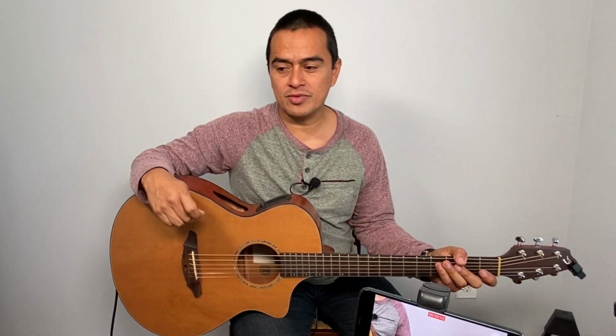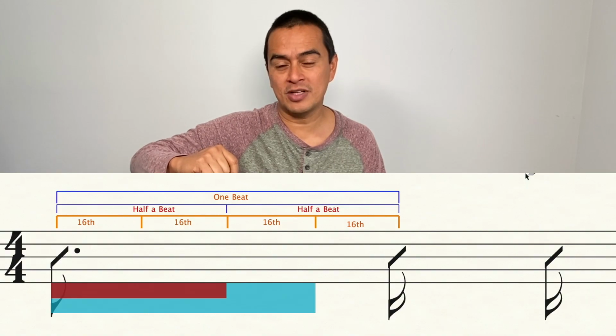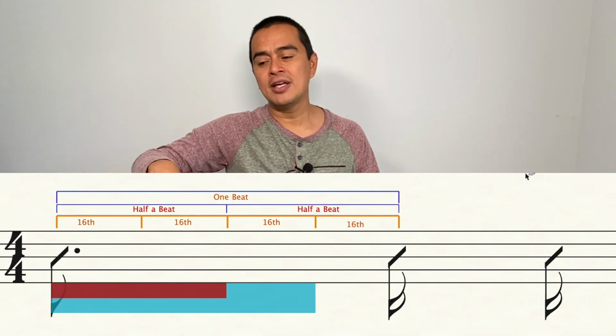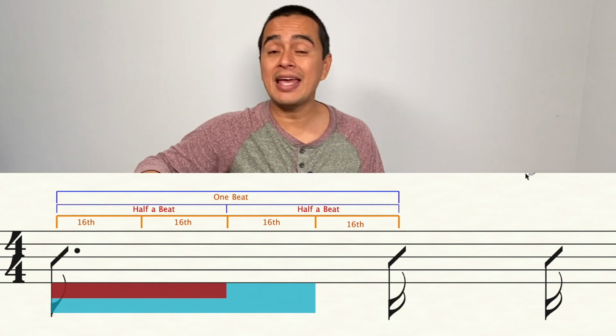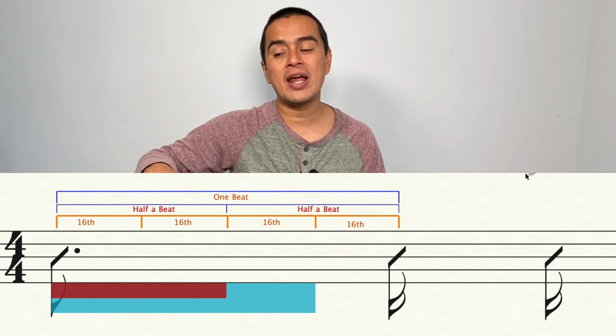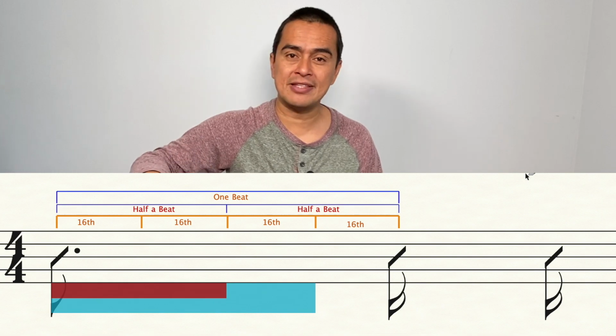The following example is an eighth note. We all know an eighth note will last for half of a beat. Now you can see it in the picture at the bottom. The red stripe represents a regular eighth note, which lasts half of 1 beat.